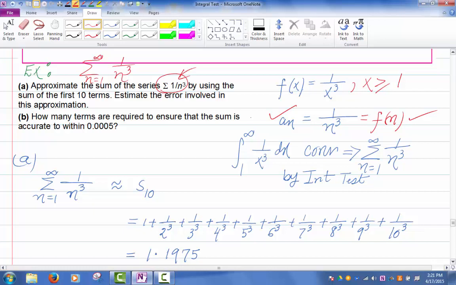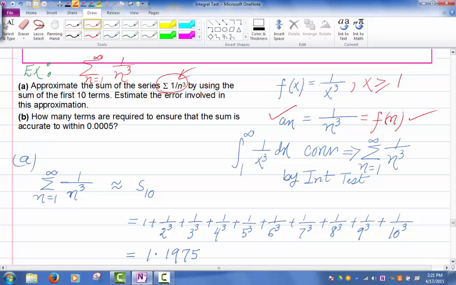Or you can say that this series is convergent by the p-series test. This is the p-series with p equals 3. So we saw that a p-series will converge when p is bigger than 1. Is everybody okay?